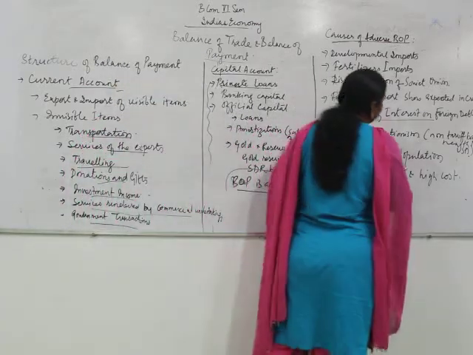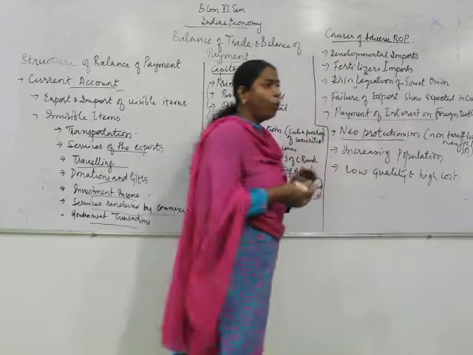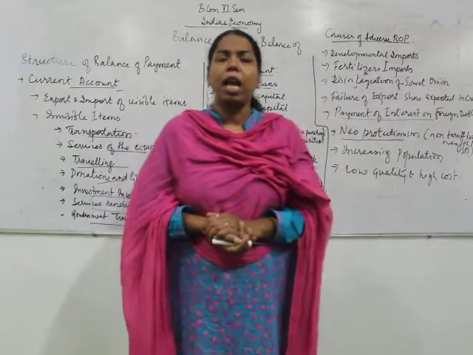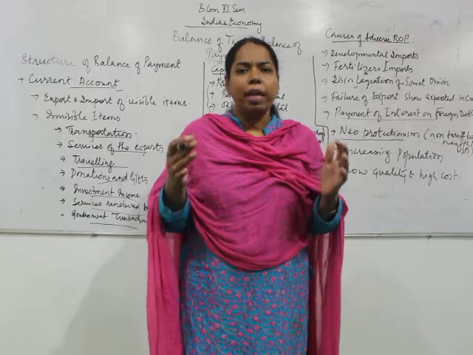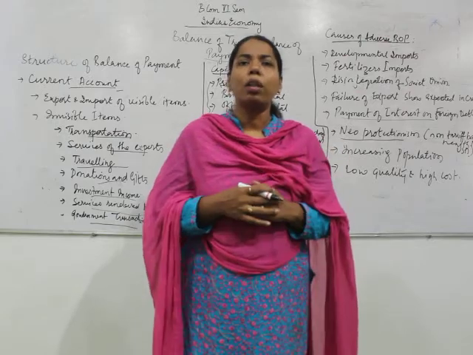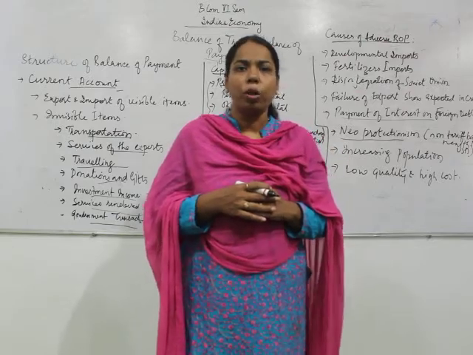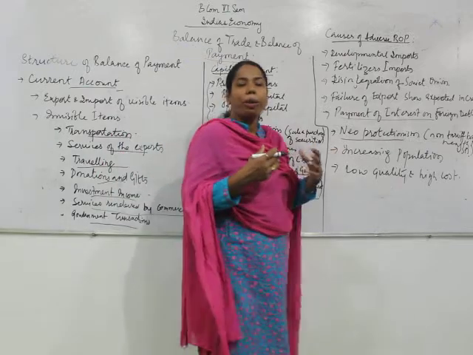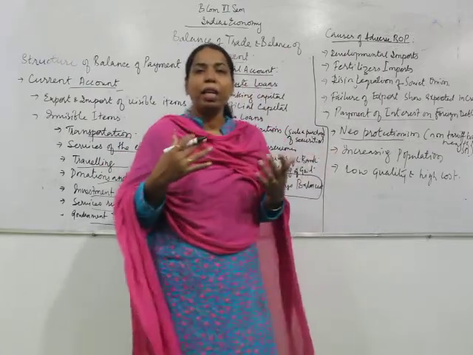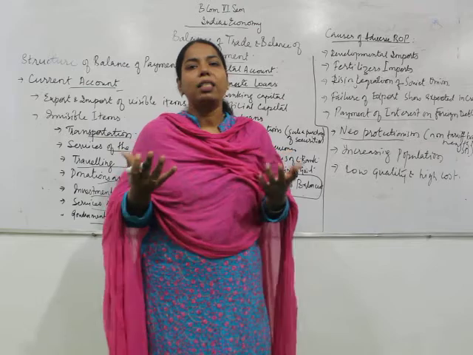Similarly, neo-protectionism. Though the World Trade Organization has reduced the tariff barriers as well as the restrictions on export and import, basically a new type of neo-protectionism policy is developing in the developed countries. Take the example of the USA.